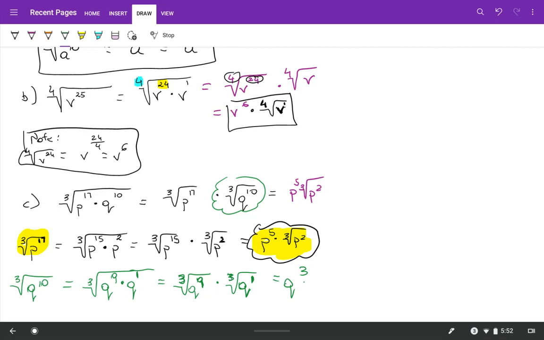So just copy this down, times cube root of q. Okay, and this is this part, cube root of q to the power of 10. So let's just combine them together. So that will be times q to the 3 cube root of q. And now we're going to simplify them.